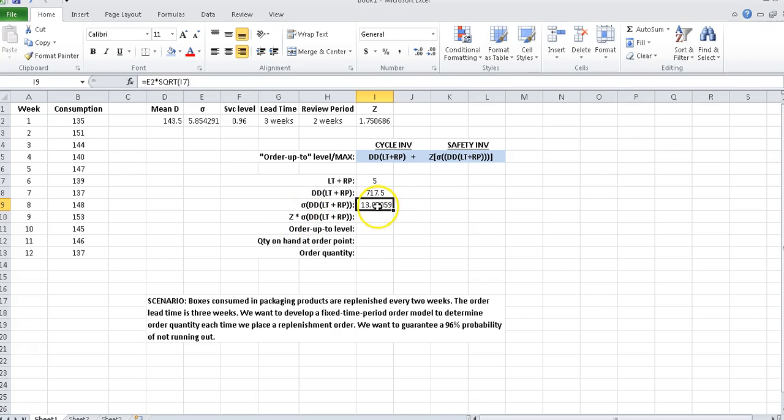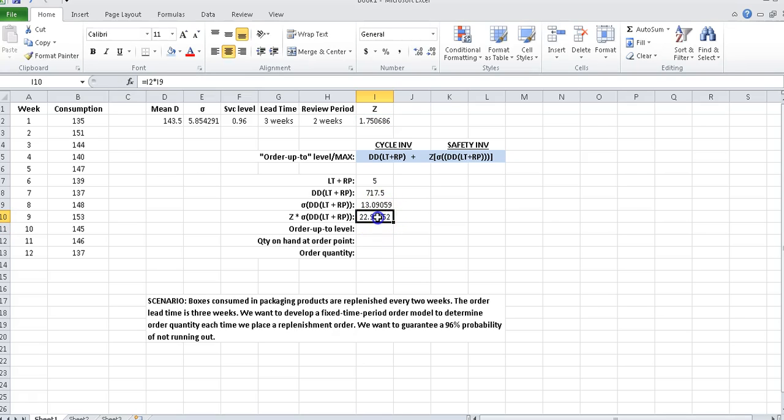Next, we have to multiply this number, our standard deviation. We have to carry a multiple of those as safety stock, and that multiple is the Z value. And again, this will depend on our probability. If we set it at 98%, our Z value will go up to 2.05. At 96% probability, we're going to multiply the Z value times our standard deviation.